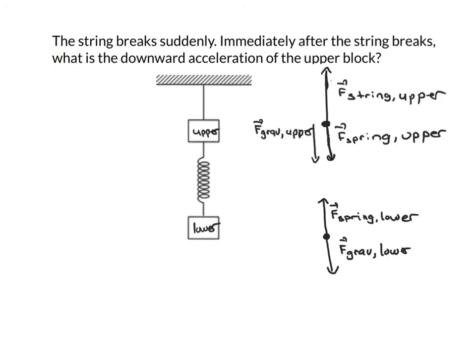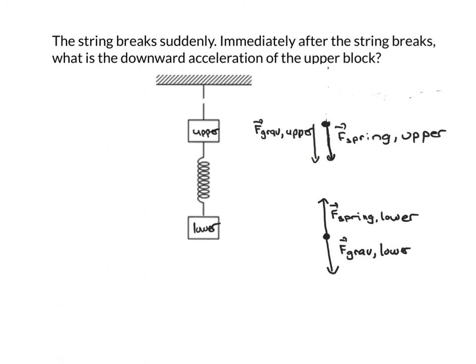So what we're imagining is the situation that we had from the previous slide, and what's going to happen to the upper block right when we cut the string. Well, when we cut the string, what we're doing is we're getting rid of this force here. But at the instant that you do that, the spring is going to be stretched the same amount that it was right before you cut the string.